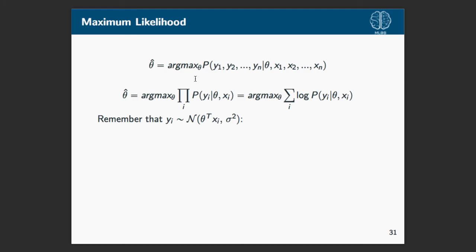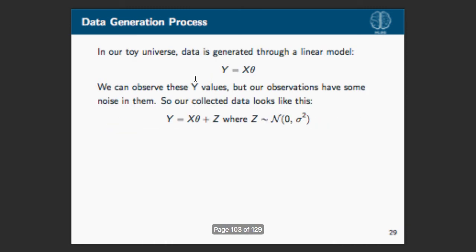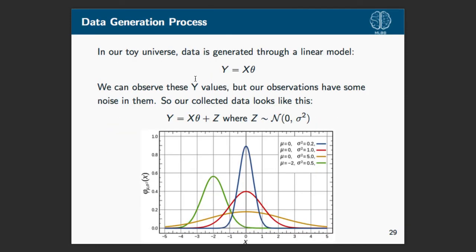Okay. Remembering that yi is normally distributed, given a normal distribution, we can find the probability of a certain point in that distribution. If we go back to our graphic here and look at this blue curve, points over here have low probability, but points over here have high probability.